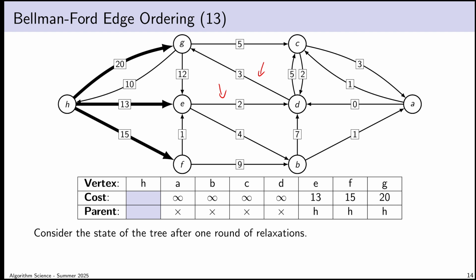If I do one more iteration of my outer loop and relax the edge ED, then of course vertex D will be brought into my tree, because there will be a path of finite length to vertex D. But then I think about the edge DG, and I realize that in the next iteration of the inner loop, the edge DG will be relaxed before the edge ED, because I'm going in alphabetical order.